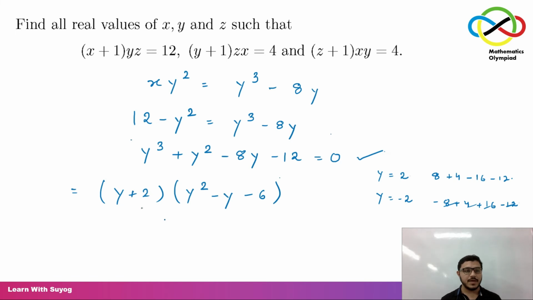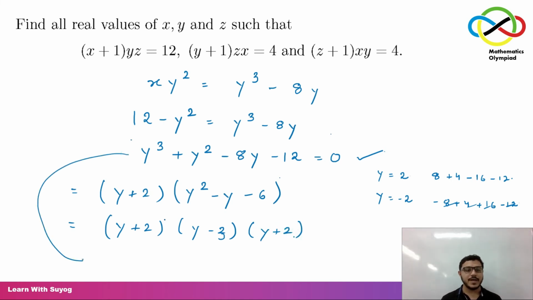So this is what we'll get, and when we solve it, we'll get y plus 2 multiplied by y minus 3 times y plus 2. So when we solve this equation, we are getting the factors to be y plus 2 whole square times y minus 3.